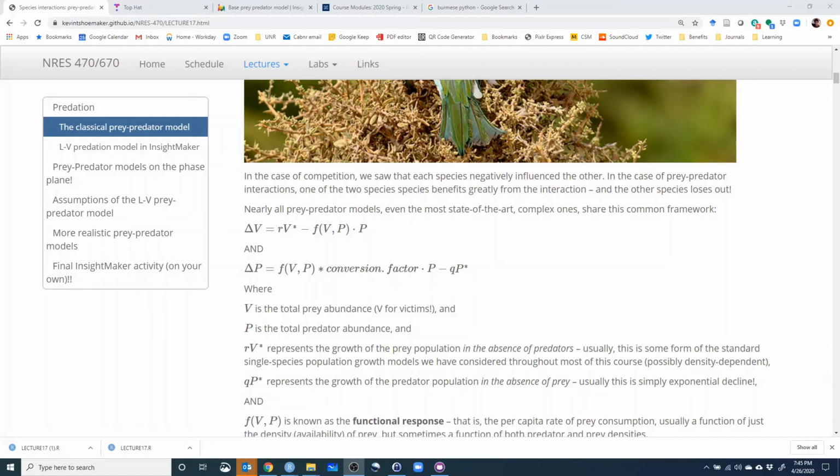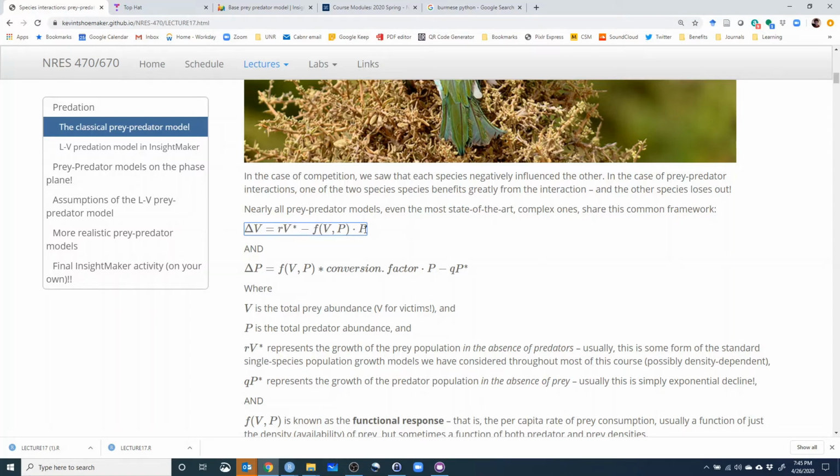We can look at this delta V, and that's representing the growth or decline of the victim or prey population. Now we see a familiar thing here. We see R, the intrinsic rate of population growth for the prey population, times V. And that just represents growth in the absence of predators.